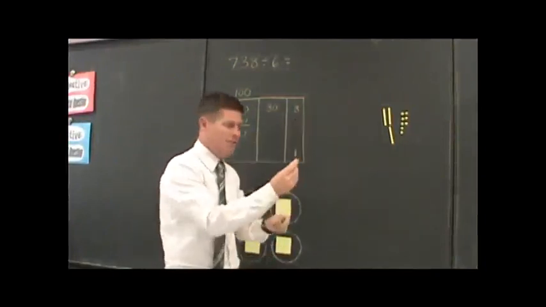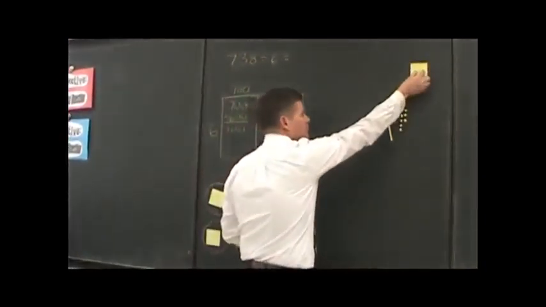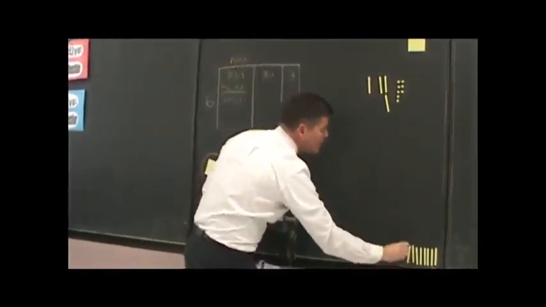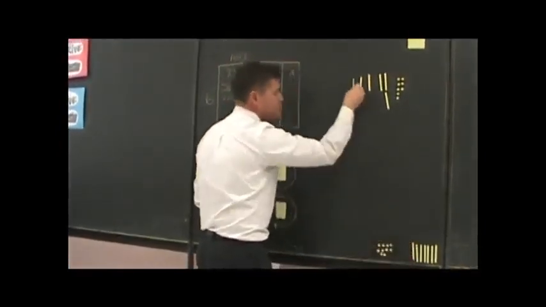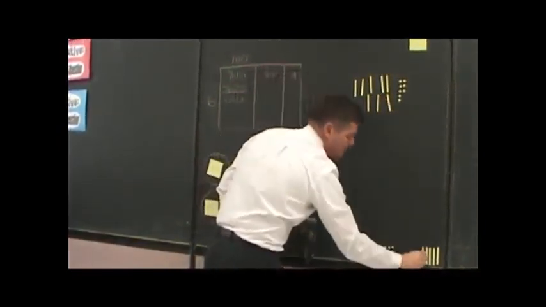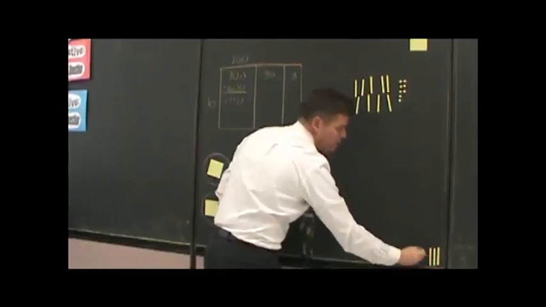Now the students are going to be able to take this 1 100 and regroup it for 10 tens. So what ends up happening is they're going to produce 13 tens for a total of 130.